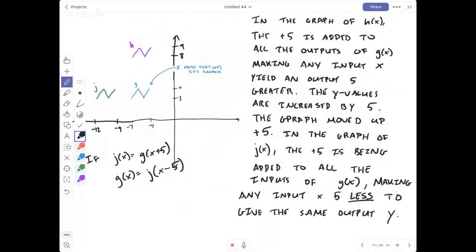So this was greater, this was greater, this was less. The x values are decreased by 5.